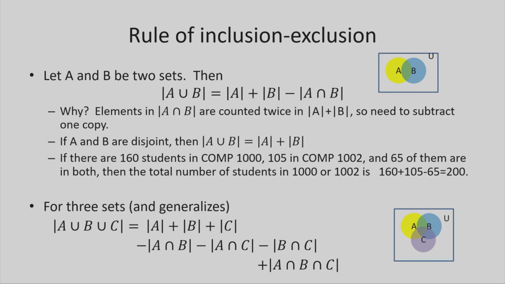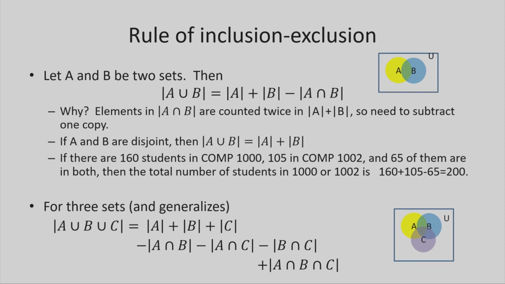Okay, so let's subtract all the students that are counted twice and 3 times. We subtract all the students that are in both 1000 and 1001, 1001 and 1002, and 1000 and 1002. But now we subtracted out all the students that are in all 3 of them, because we counted them 3 times and we subtracted them 3 times.